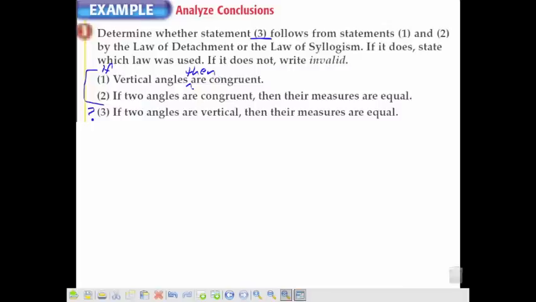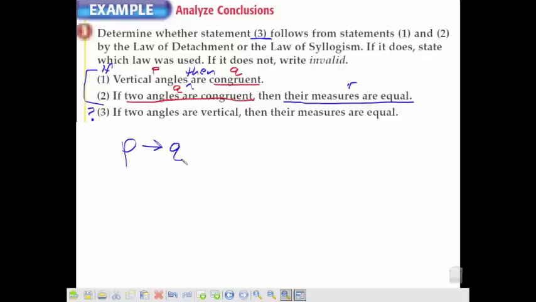So sometimes they won't necessarily say that if then, and we need to recognize that. So P is my vertical angles, Q can be my congruent. Notice the next one, 2 angles are congruent. Okay, that's matching here. Now vertical angles, we were talking about a pair, so that's 2. So we're going to call this Q. And then in the last part, then those angle measures are equal. That's a new statement. We don't have that before.